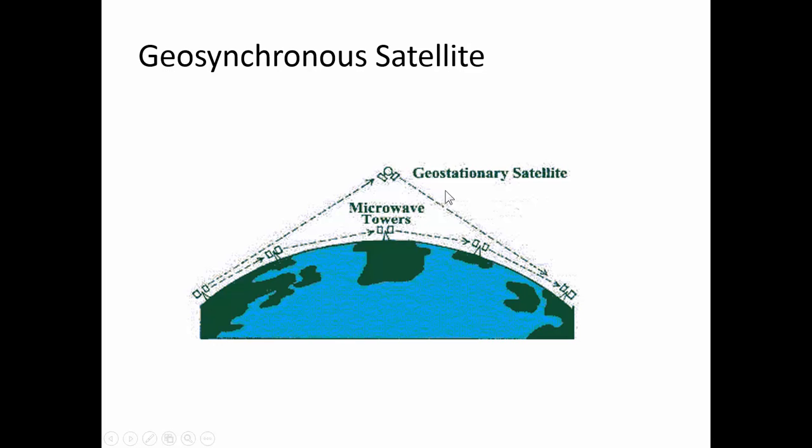Now, another way to overcome the curvature of the Earth is just to use a geosynchronous satellite. And that allows us to have microwave connections at parts of the globe which are far apart and which cannot easily be connected with microwave towers.